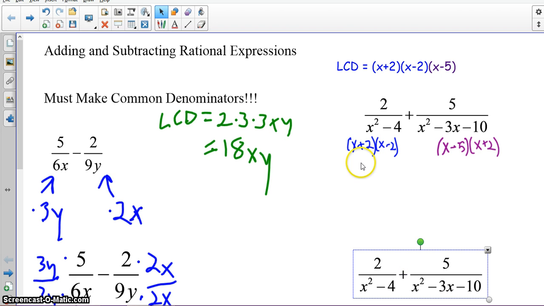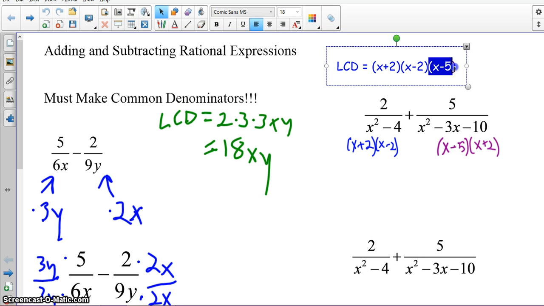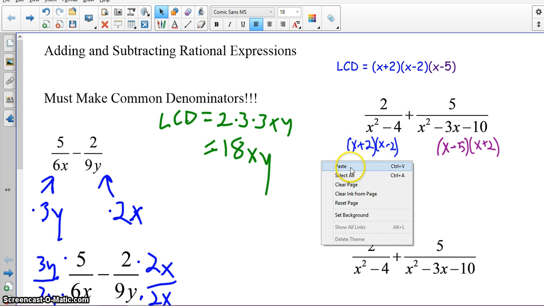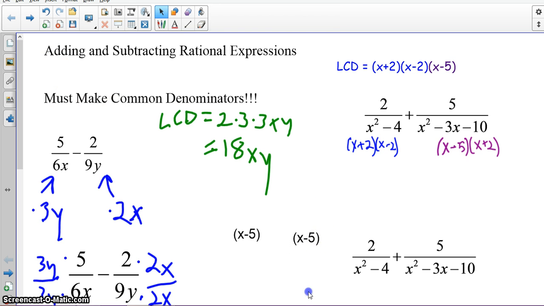We're going to need the x minus 5 here. I'm tired of writing with this thing, so I'm going to cheat a little bit. Let's copy. So to make this one have the x minus 5, I better multiply top and bottom by x minus 5. We've got to put that in there.